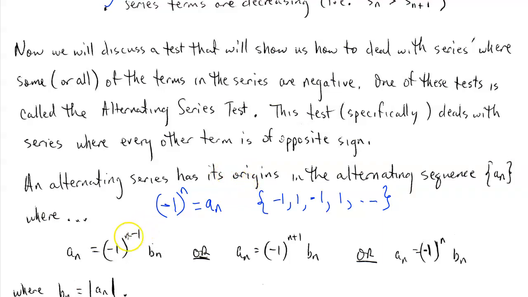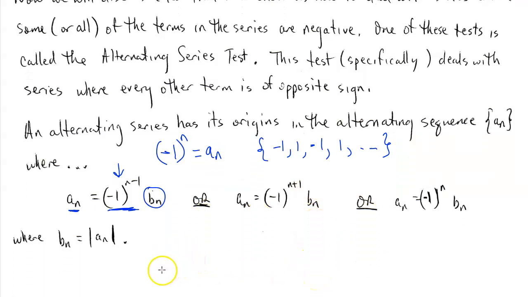So here, if we allowed our sequence to be some -1 raised to the n-1 or n+1 or n, this portion here is just to do the alternating sign, times some sequence b sub n, where b sub n values will always be positive, or non-negative, I should say, hence expressing b sub n as the absolute value of a sub n.